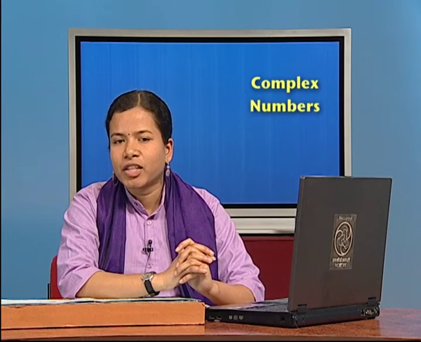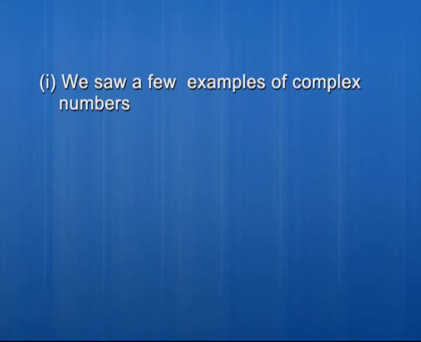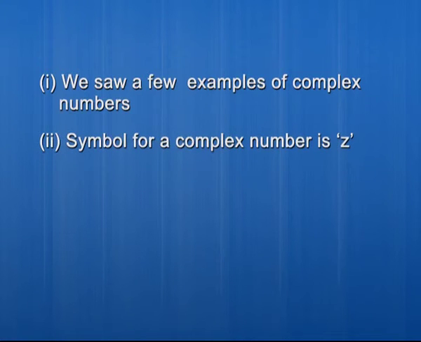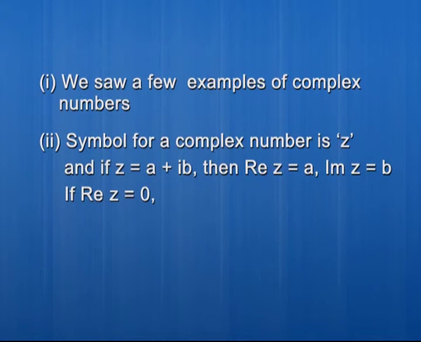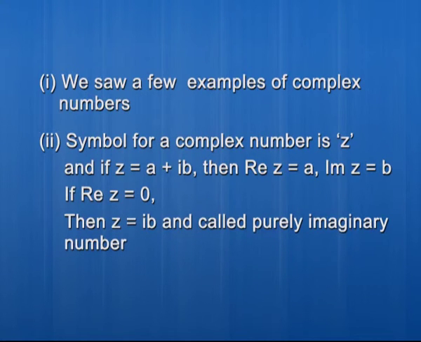In today's lecture, we saw some examples of complex numbers, and we saw that complex numbers are denoted by z, and if z was equal to a plus ib, then the real part of z was a and the imaginary part of z was b. If we take the real part of z as 0, then z was nothing but ib, and so it was called a purely imaginary number.